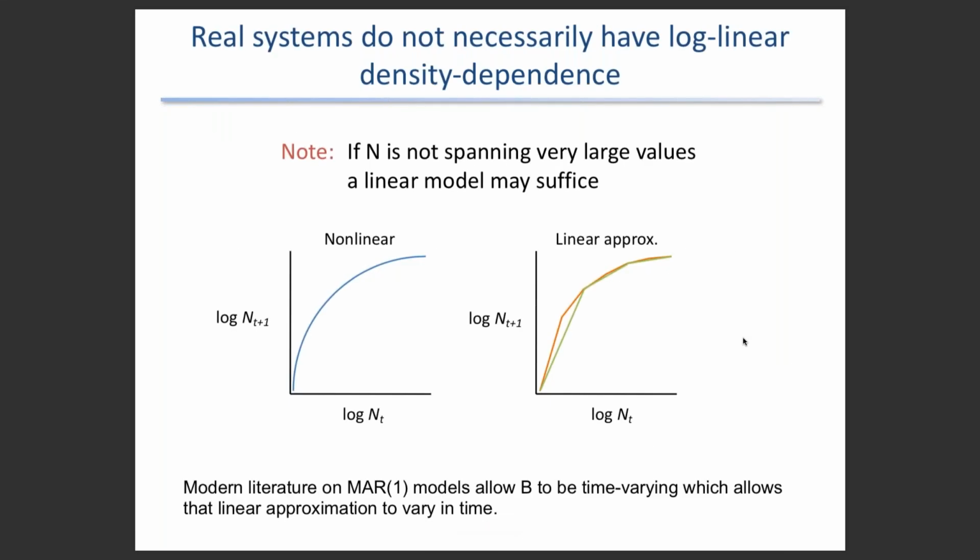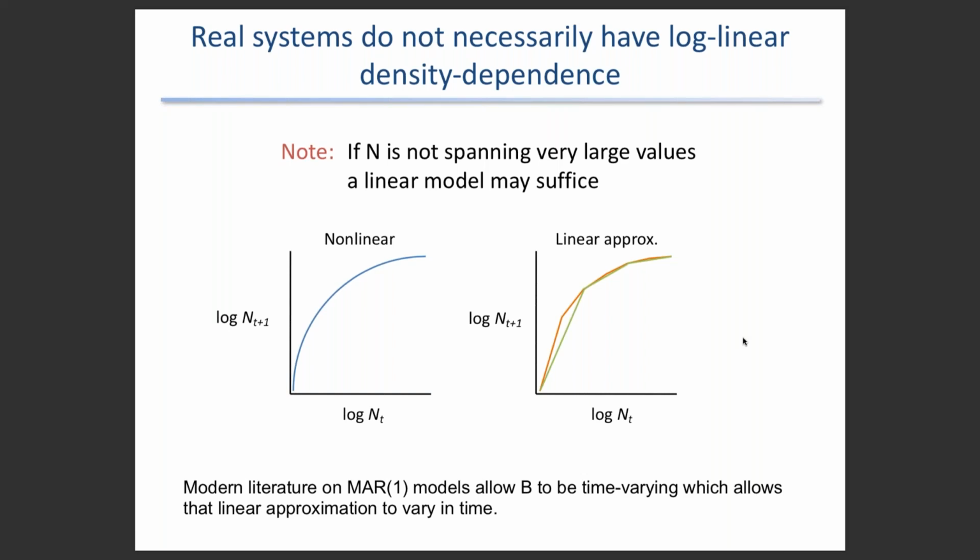So here's the idea here. In log space, the model that we're using are these linear lines like this. And let's say we had a different density dependent function and it actually looked just like this nonlinear thing.